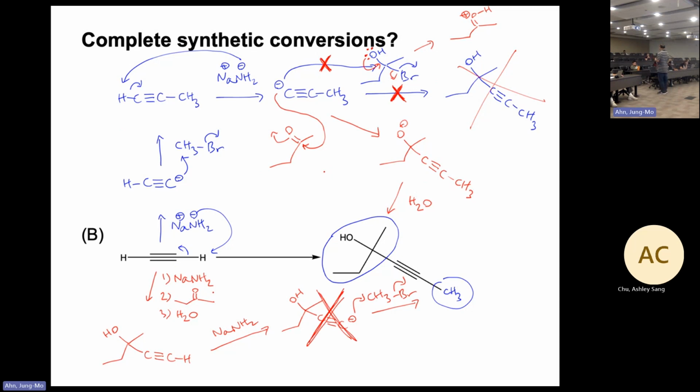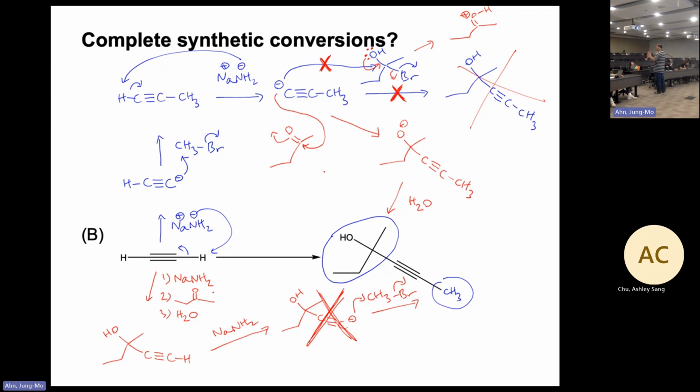So why does that one fail suddenly? This is the part that you should remember. The base is going to pick up the most acidic hydrogen, right? So what's the most acidic hydrogen in this molecule? This one or that one?